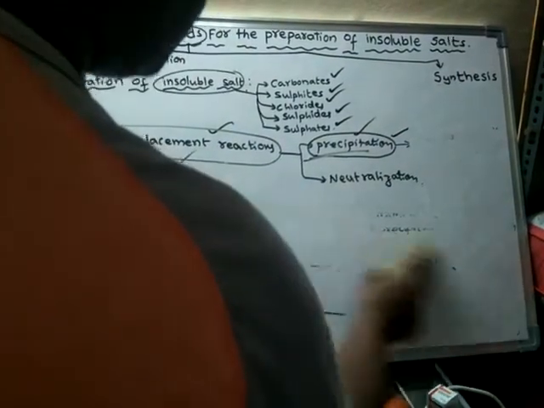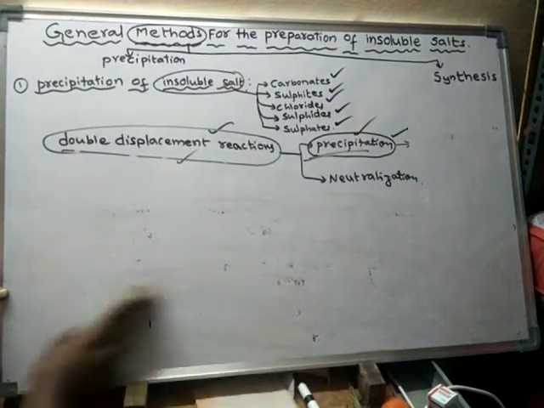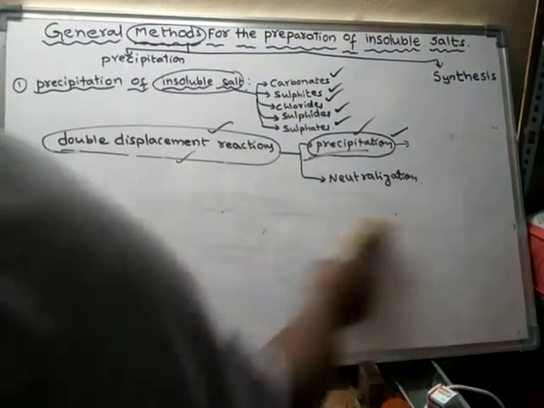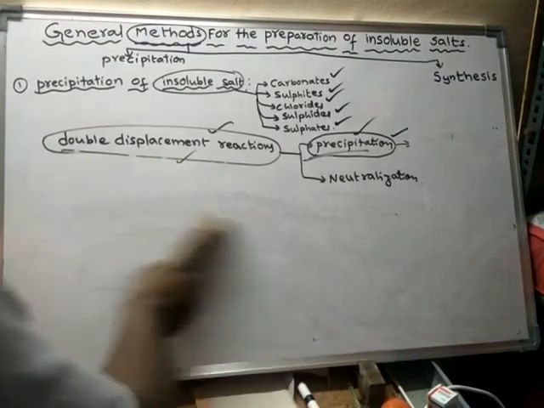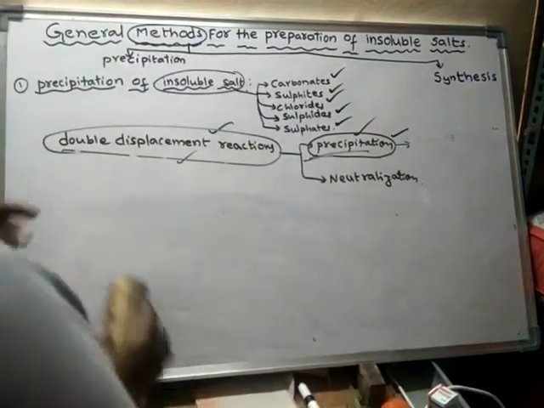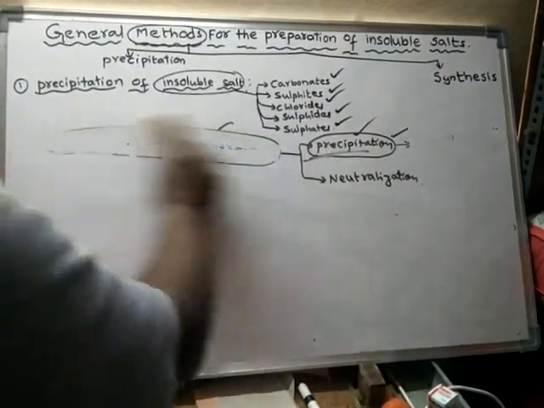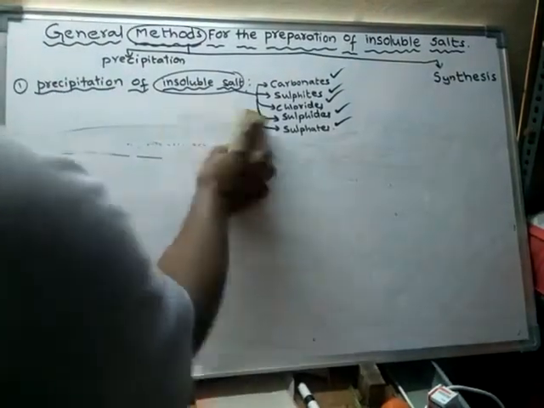Let us take preparation of lead carbonate. So how is lead carbonate prepared? We may take anything, so for a carbonate salt we will take lead carbonate. How is lead carbonate prepared?